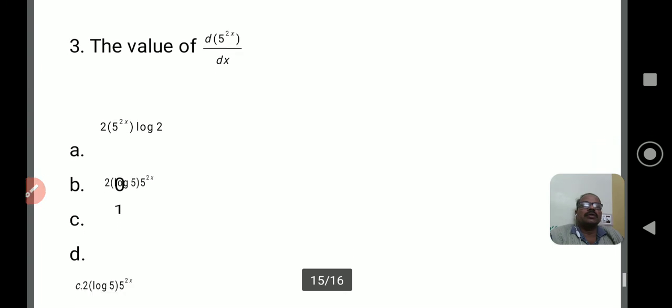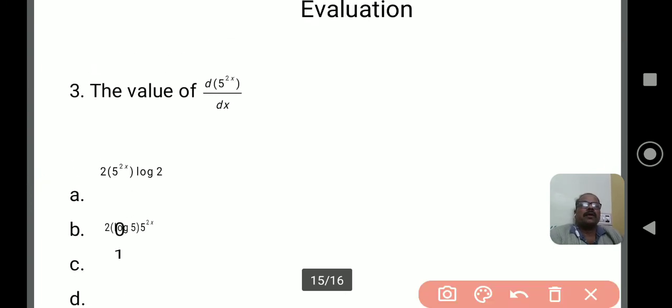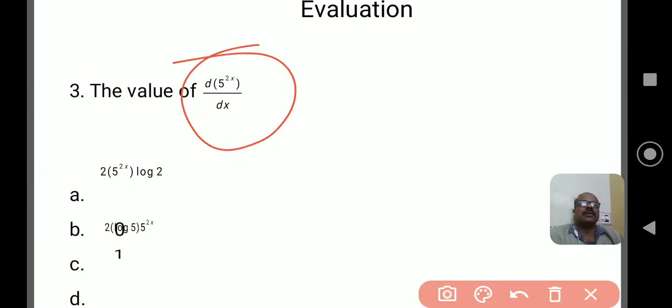Okay, next, the third question: you can apply the property of differentiation of 5 power 2x, meaning a to the power of nx or mx. What is the result? A is mentioned here: 2 into 5 power 2x into log 2. Log 2 is in A, it is not the solution. B is mentioned here: 2 into log of 5 to the power of 2x.